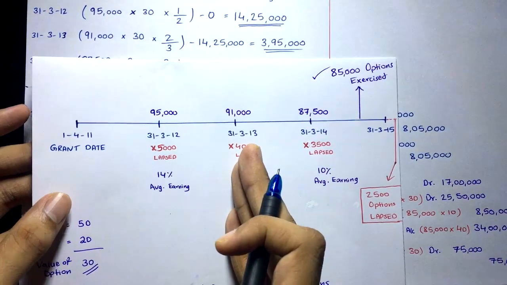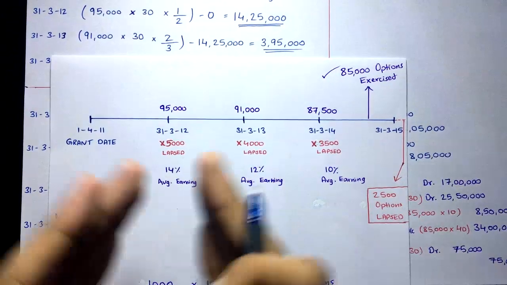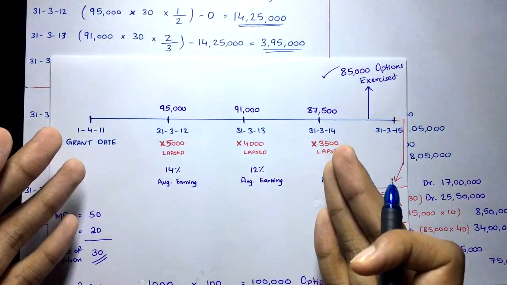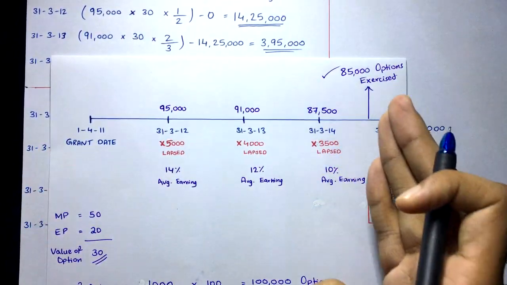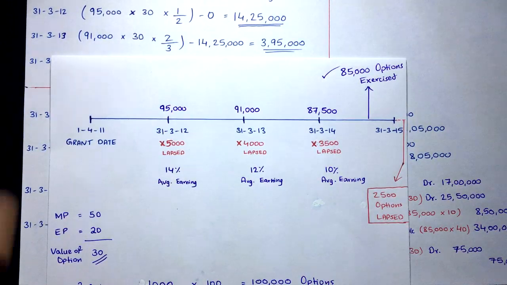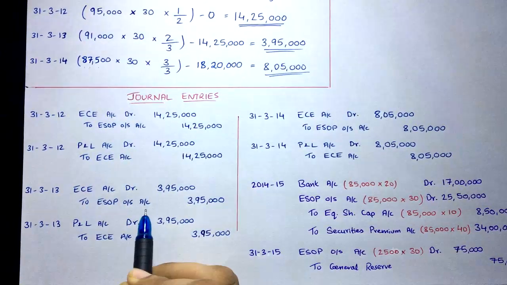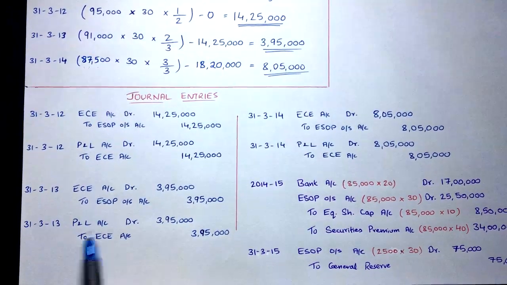We are going to give them in future, in the exercise period, if they satisfy the vesting condition, the right to purchase the shares, isn't it? So we have an obligation now, that's why you have to think of it as a liability. So that's what EC account debit to ESOP outstanding 3,95,000, and then transfer it to profit and loss.